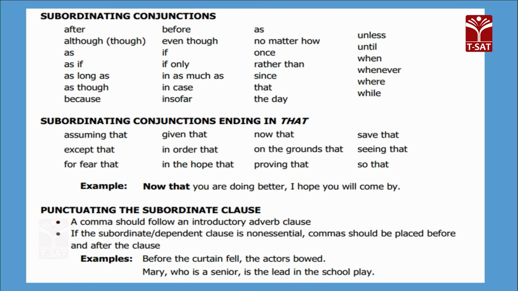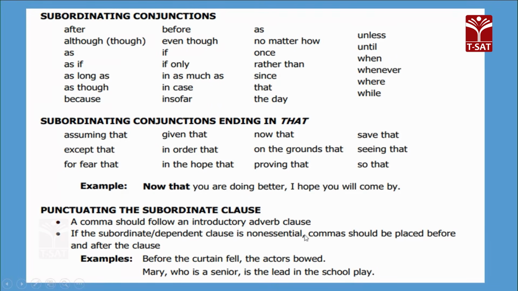How do we go about using punctuation with reference to subordinating clauses? A comma should follow an introductory adverb clause. If the subordinate or dependent clause is non-essential, commas should be placed before and after the clause.